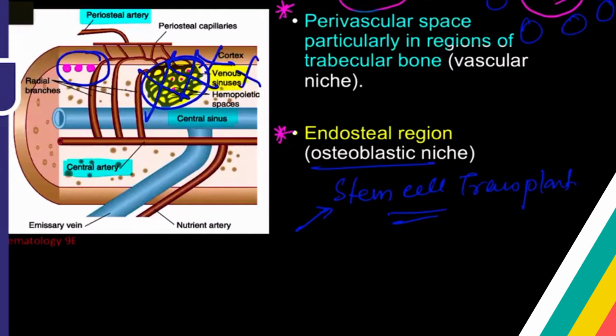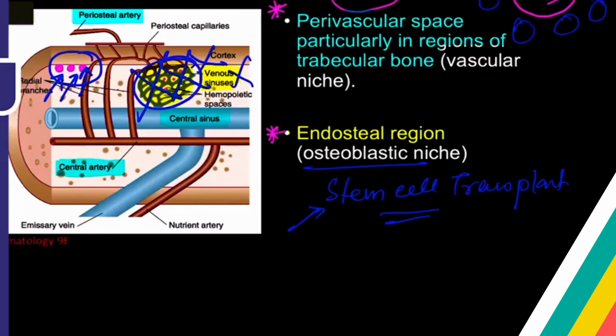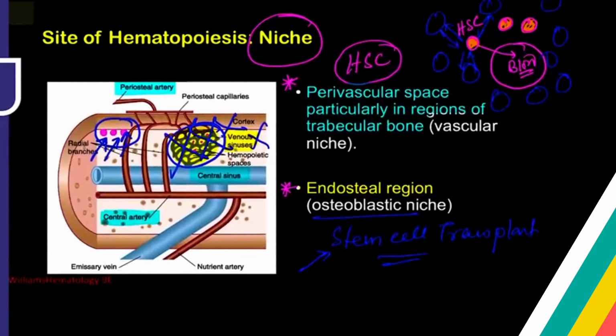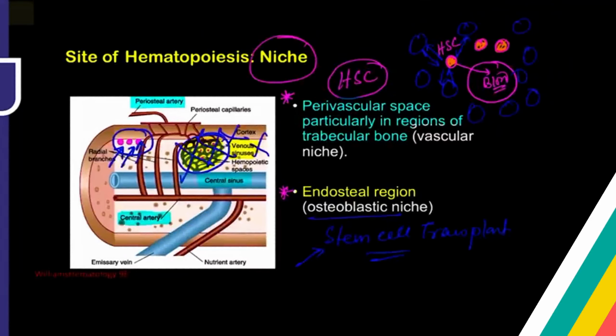So just after stem cell transfusion, just after bone marrow transfusion, hematopoietic stem cells reside particularly close to the bone cells, close to the osteoblast, close to the osteoclast, and that is known as the endosteal niche. So you can say that after stem cell transplantation, initially the transplanted hematopoietic stem cells reside close to which niche? The endosteal niche, or bone niche, of the hematopoietic cell, right?